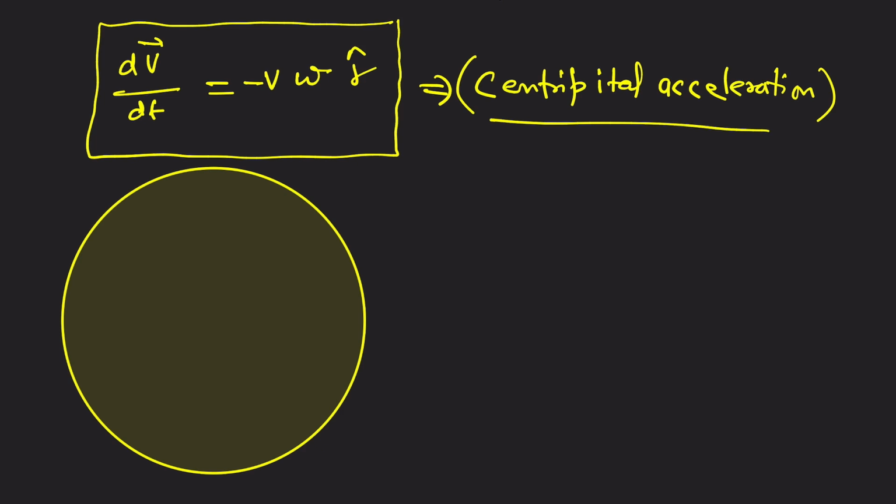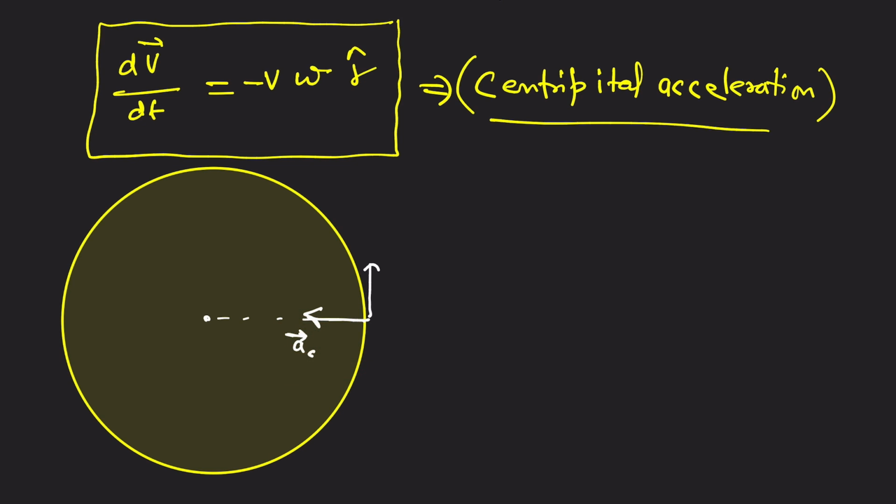Let's see. Here this is your velocity vector, and this acceleration is acting in this direction, a centripetal. If a centripetal is acting in this direction, the force due to which the a centripetal is coming will also act in this direction.